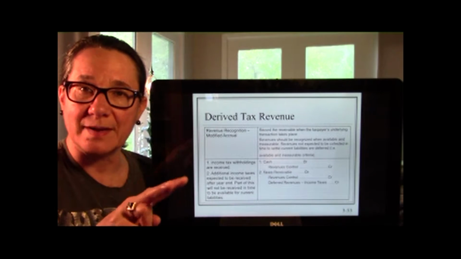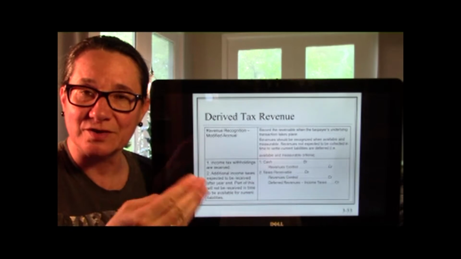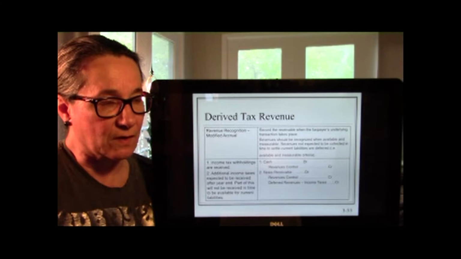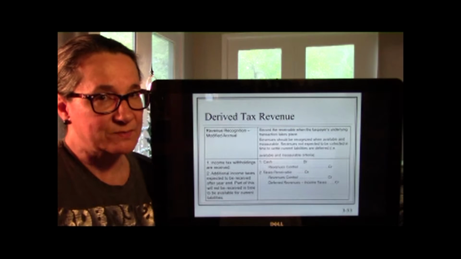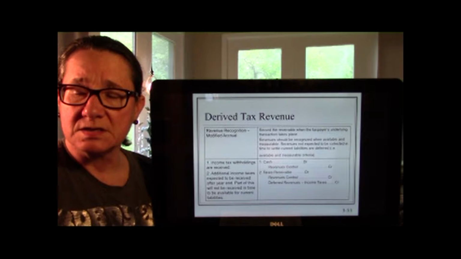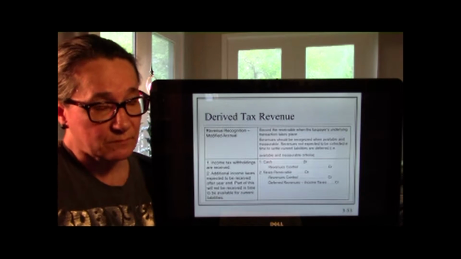That's how we match in governmental accounting, is that the revenue goes with the current liabilities. However, sometimes you're not going to get it till the next period, right? Especially the sales tax, I believe people pay quarterly. So here's how it goes.